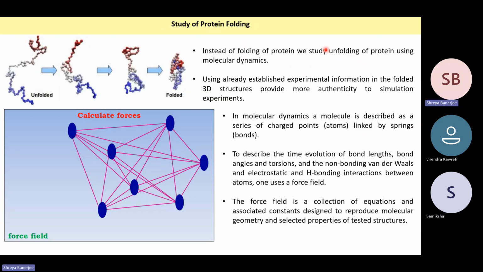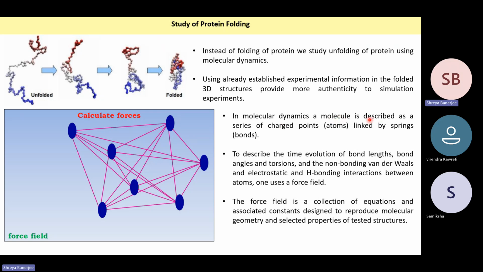Okay. So basically, in molecular dynamics simulation, we get an idea about the folding of the protein. So first we have to create a model of the protein structure computationally.